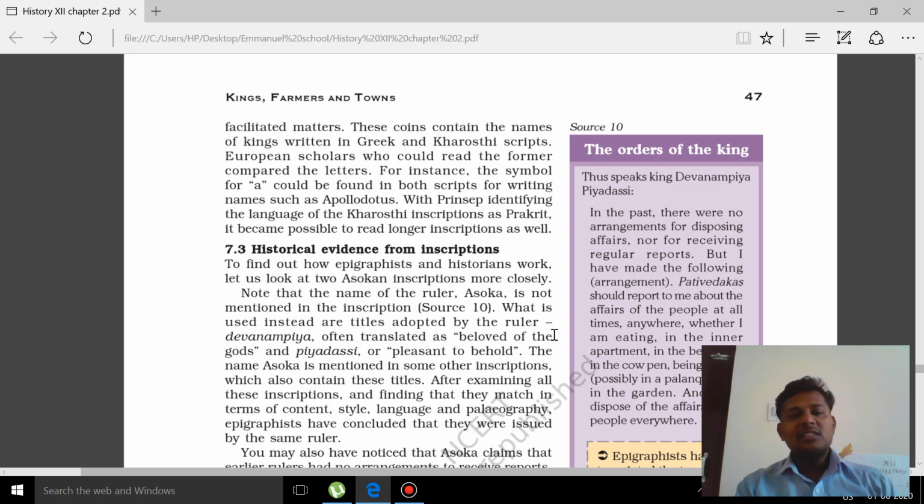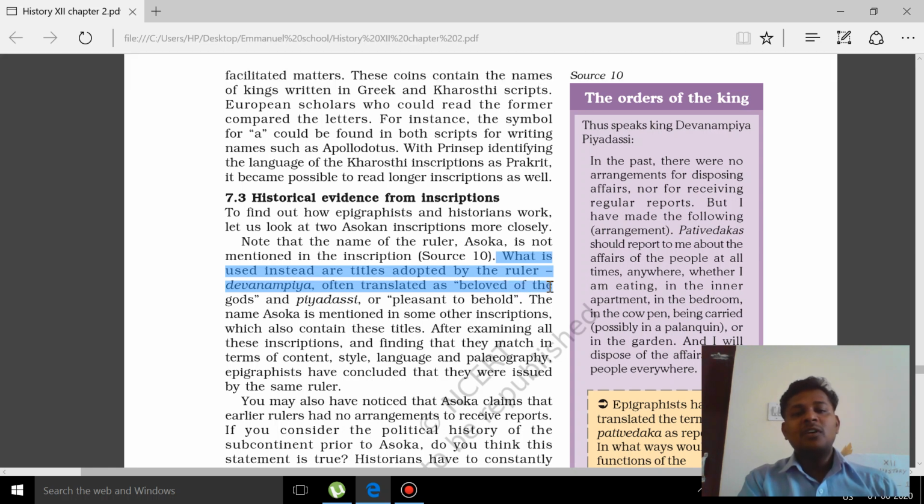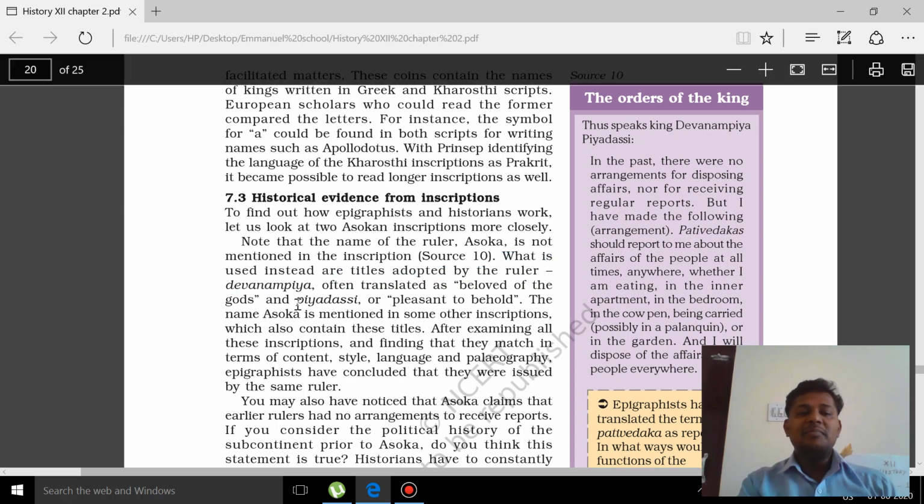question from this. But one important fact that we need to underline from this passage is that very often the name called Devanambiya is used for Ashoka. Like we had Piyadasi, meaning pleasant to behold, the same way there is a name in all the inscriptions used, Devanambiya.